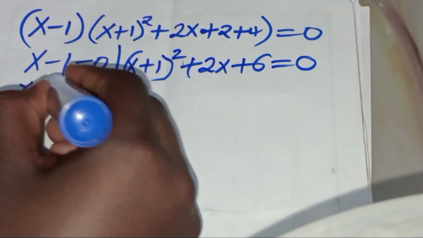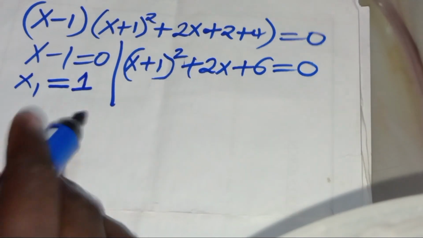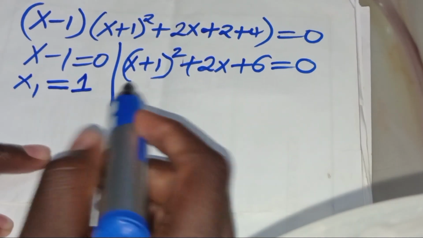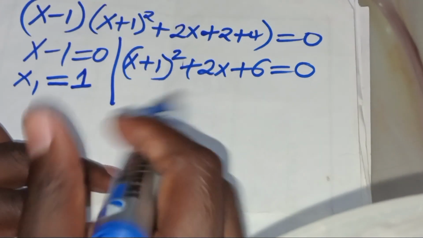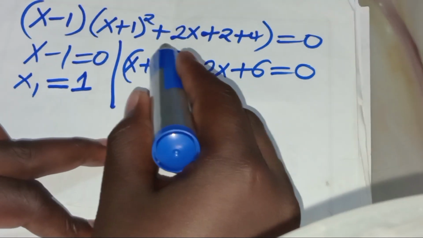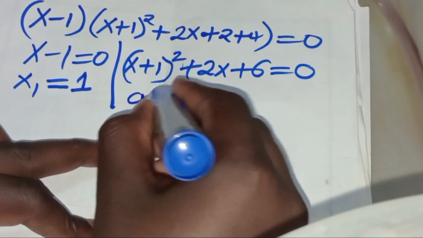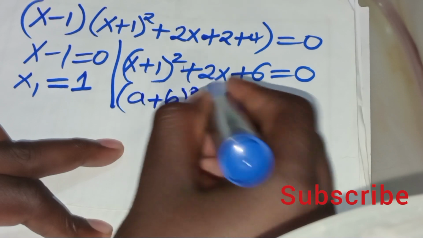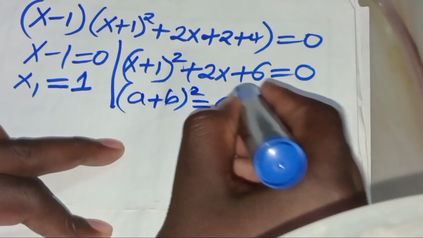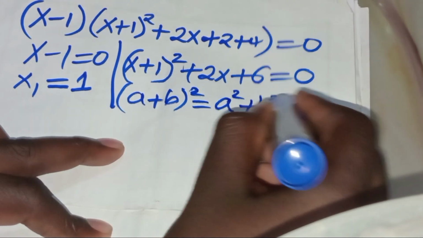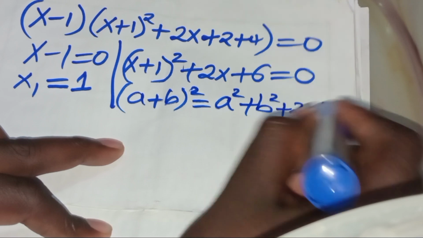Now, this first part we can express as x1, which is basically equal to 1. Okay, so this is the first solution. Now, let's determine the other values of x. (x + 1)^2 is in the form (a + b)^2, which is basically a^2 + b^2 + 2ab.